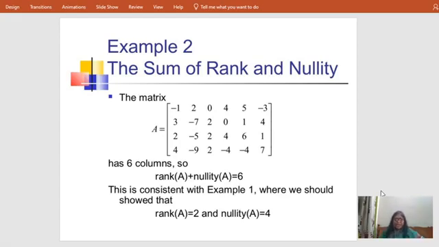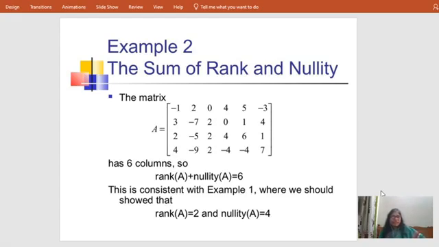Therefore, when you add rank and nullity, rank of A plus nullity of A is equal to 2 plus 4, that is 6. 6 is nothing but the number of columns in the given matrix, because the given matrix is a 4 by 6 matrix. We have 4 rows and 6 columns. In general, if A is an m by n matrix, the number of columns will be equal to n.